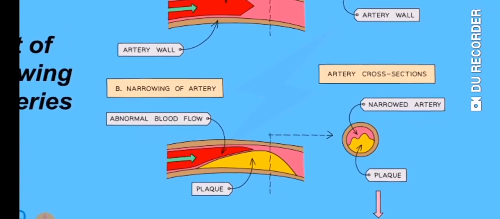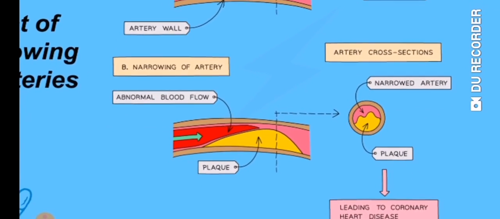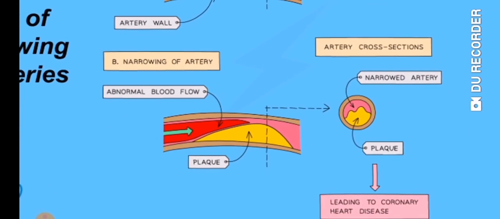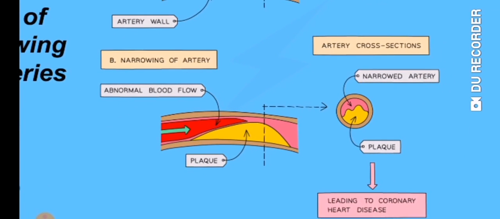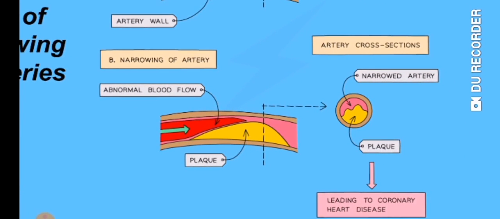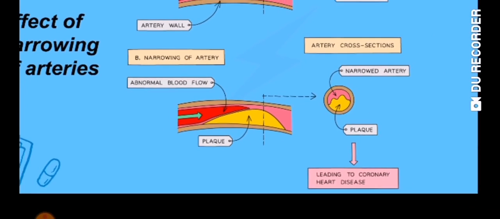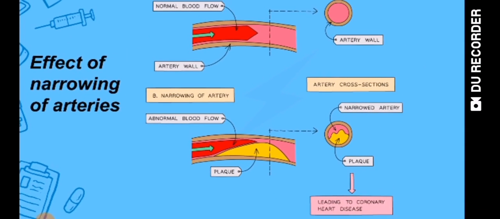Okay, factor 2, stress. When under stress, hormones produced can increase blood pressure, increasing the chance of a blockage in the coronary arteries. Factor 3, smoking.